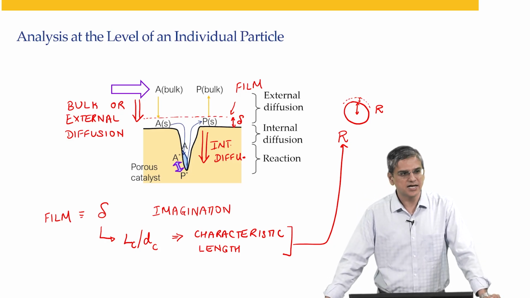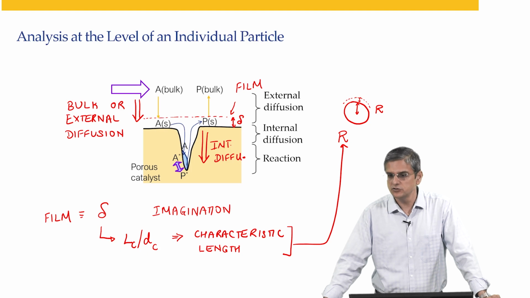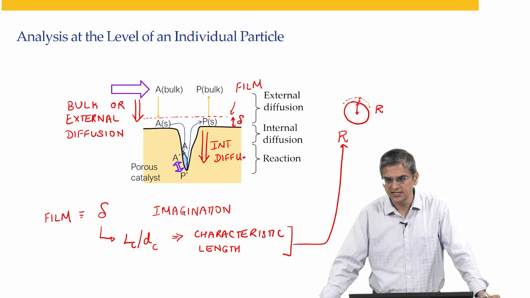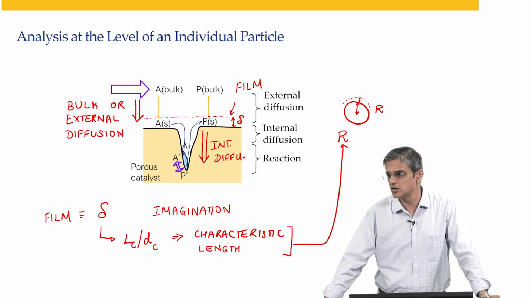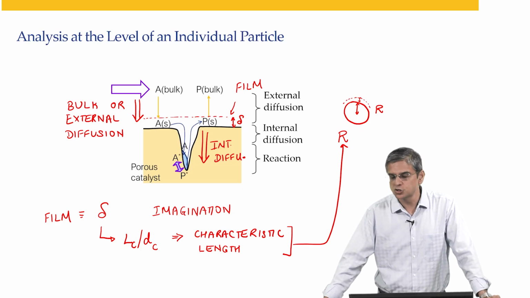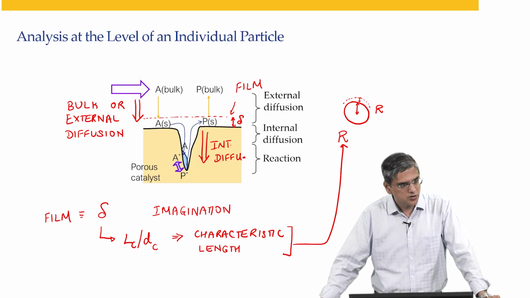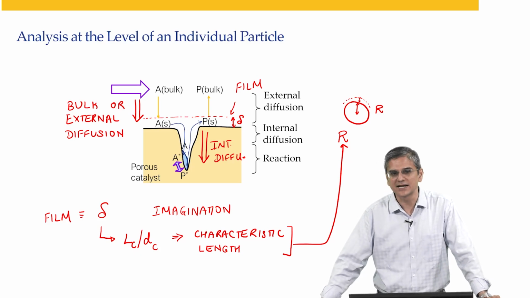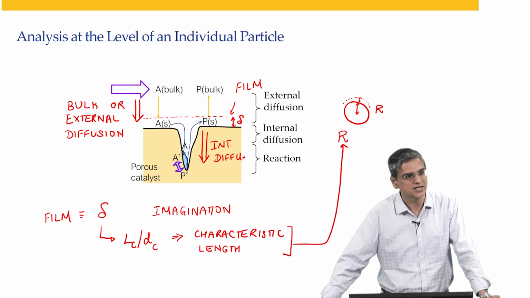But as far as we are concerned, we are going to use a characteristic dimension or a characteristic length that is convenient for our analysis, okay. And the expressions that we are going to derive and use will be related to the characteristic length that we have chosen for that analysis.